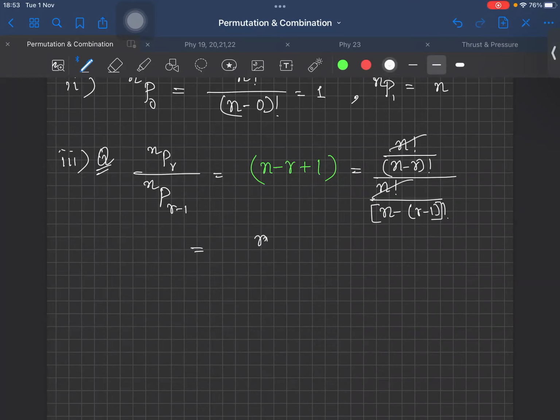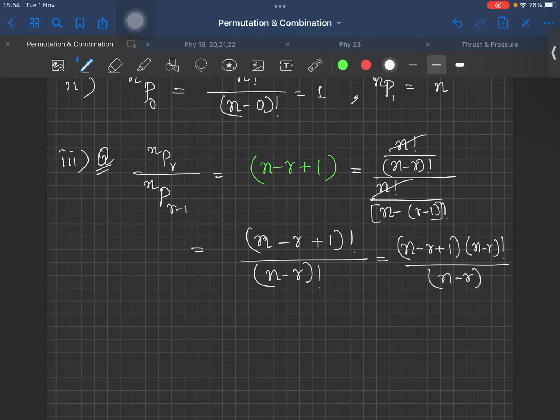So this will be n minus r plus 1 factorial upon n minus r factorial. This will be equal to what? n minus r plus 1 into n minus r factorial divided by n minus r factorial. This will get cancelled out, and finally you will get n minus r plus 1.